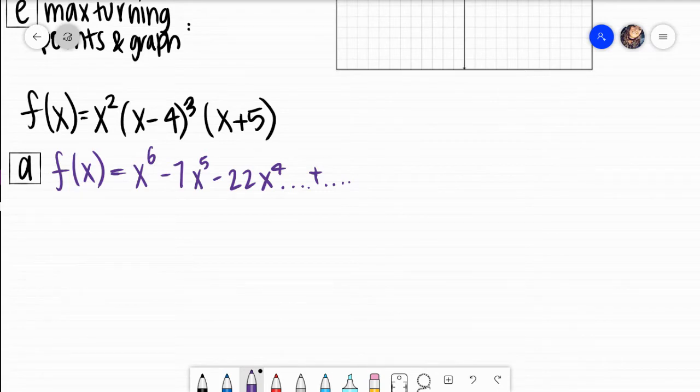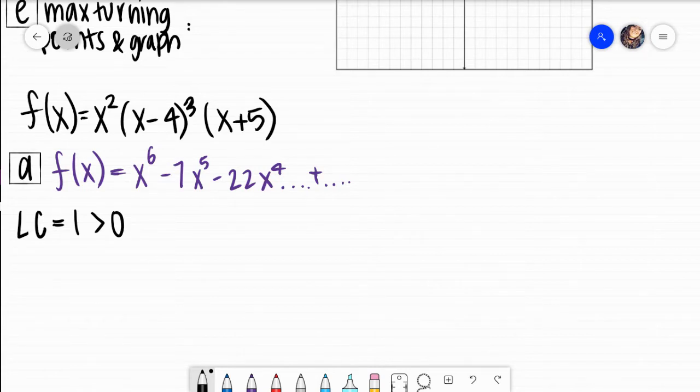What you can do is we need to know our degree, and we need to know what our leading coefficient is, correct? So our leading coefficient is equal to a positive 1, which is greater than 0, right? 1 is greater than 0.